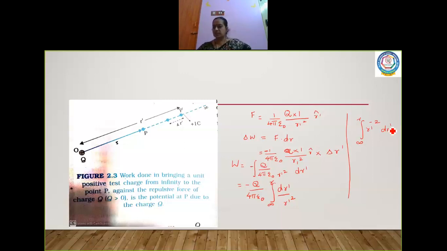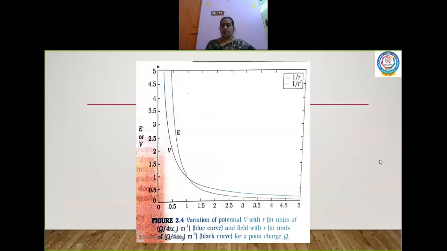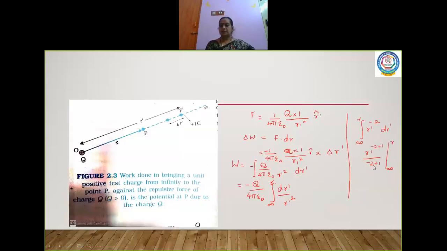So when I integrate this, I will have r dash power minus 2 plus 1 by minus 2 plus 1 with the limit infinity to R. Now this is in the denominator: I have minus 1. I already have a minus sign here, so minus and minus becomes plus.